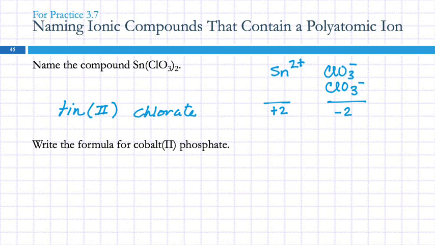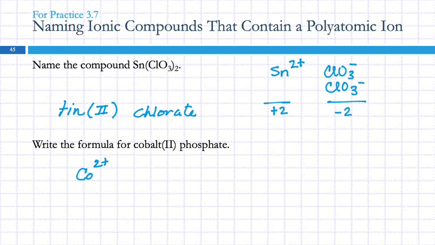Write the formula for cobalt(II) phosphate. So we write the formula for the ions with their charges. So the symbol for cobalt is Co, lowercase o, because C, big O, is carbon monoxide, which is a very, very different thing. And what's the charge on the cobalt ion? 2+, because that's what the Roman numeral is telling us.